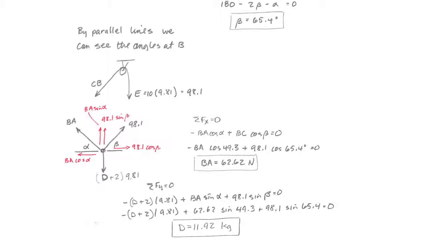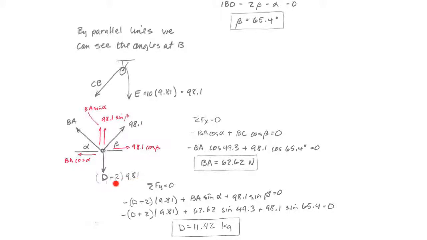We know that the tension here is given, and it's going to be the same tension as pulling away. Now that I know alpha and beta, I can do the cosine of alpha and the cosine of beta in the x direction, the sine of alpha and the sine of beta going in the y direction.